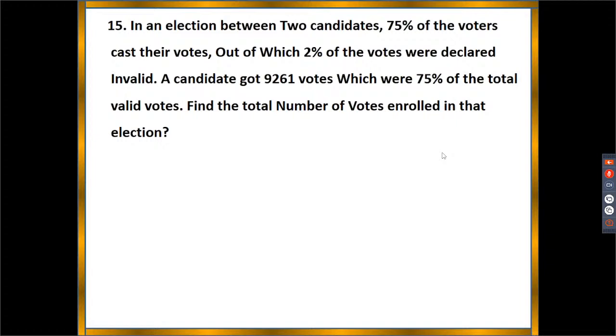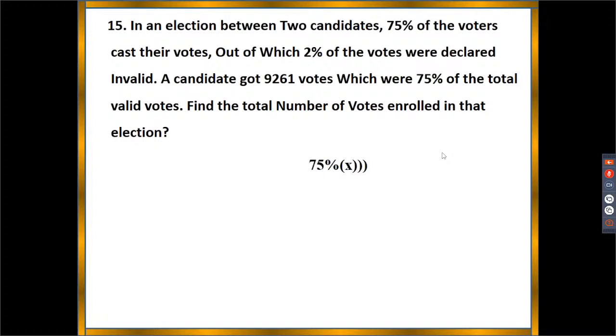Okay. Everyone, listen carefully. Let us assume the total number of votes is X. Only 75% of the voters cast their votes, so the total votes polled is 75% of X. But we have to find the total number of votes enrolled, which is X, not 75% of X. Out of that, 2% were declared invalid.